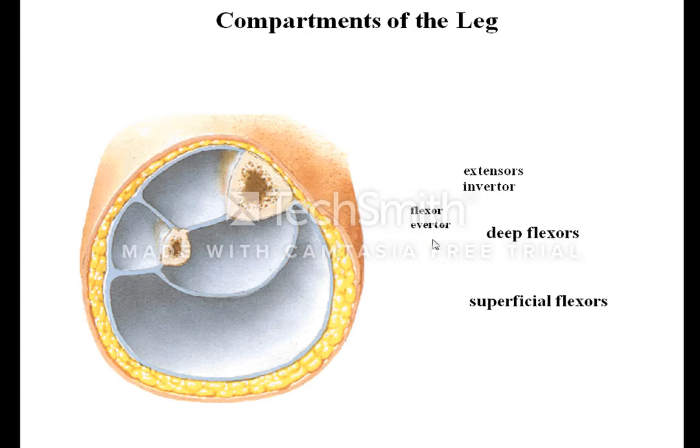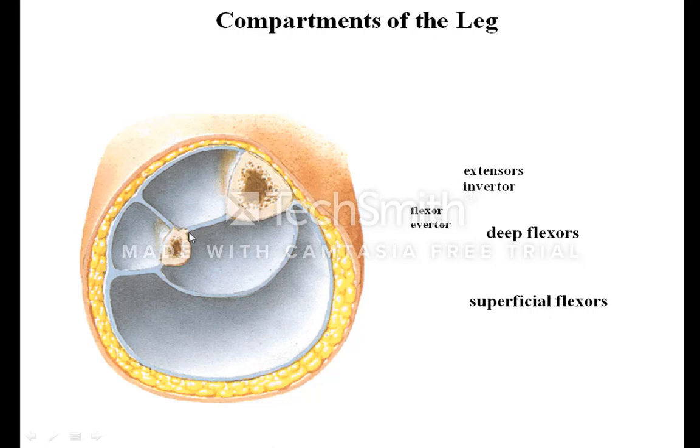So again, this is the compartment of the leg, the two bones of the leg, the tibia and the fibula. This is the crural fascia, the anterior compartment, lateral, and here this is the posterior. The posterior is divided into two, superficial and deep group: the superficial flexor group and the deep flexor group.